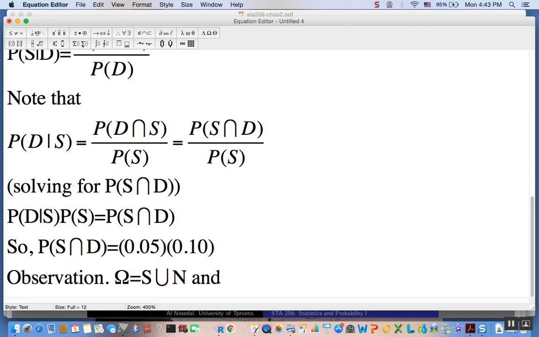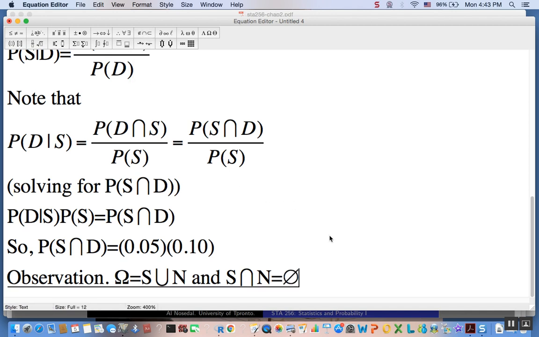Something else. Note that the intersection between S and N equals the empty set.